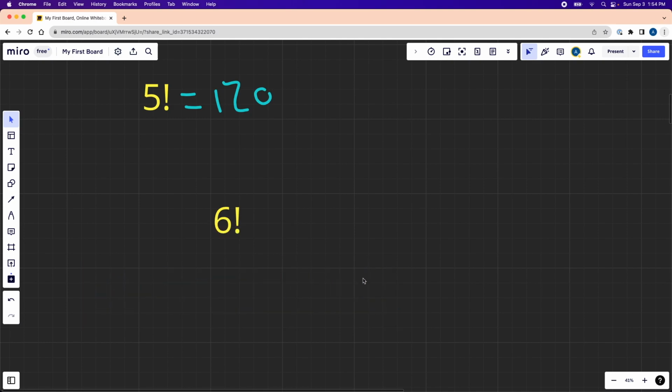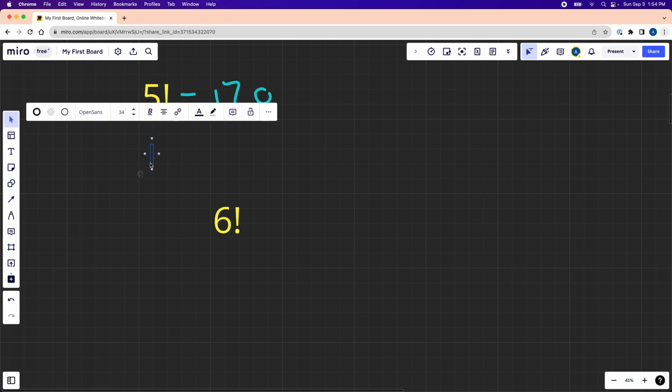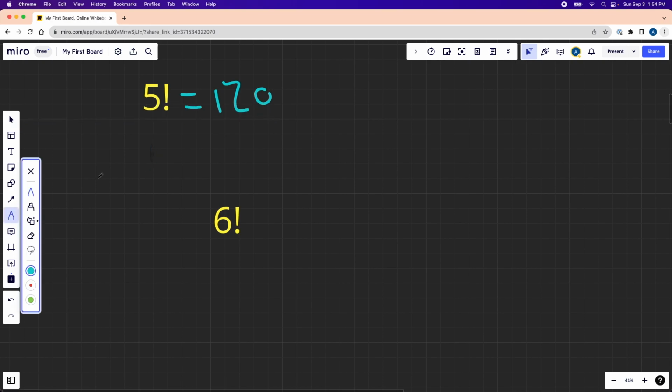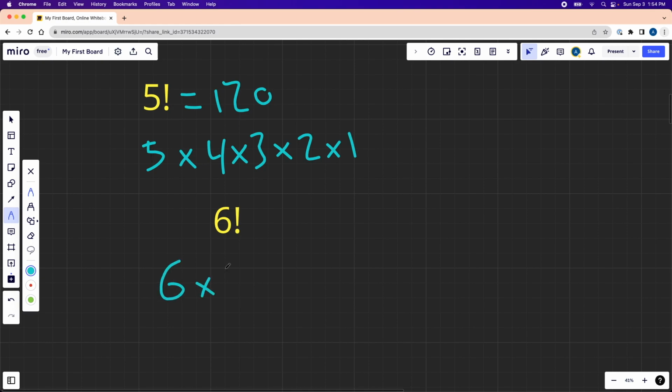Well, 6 factorial, again, what are we saying with 5 factorial? That's not what I wanted here. I want my pen. Let me get my pen. Sorry about that. 5 factorial was 5 times 4 times 3 times 2 times 1. 6 factorial is 6 times 5 times 4 times 3 times 2 times 1.